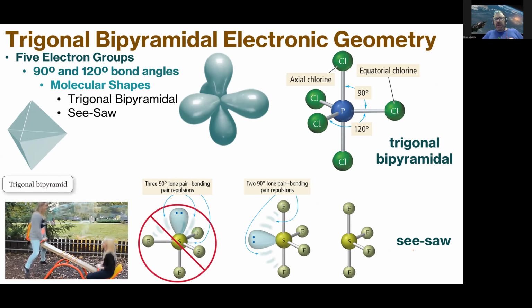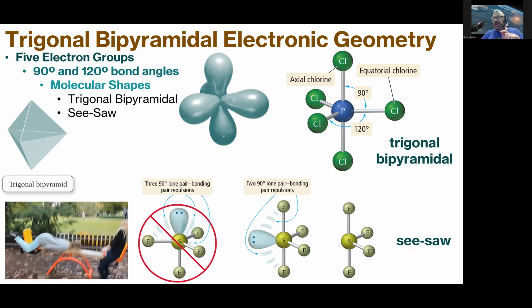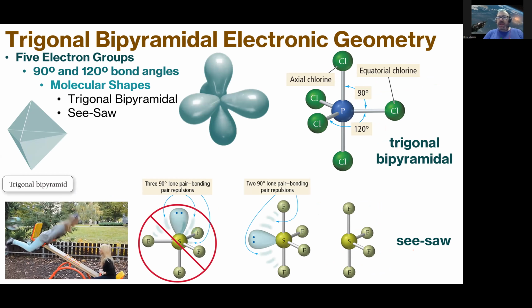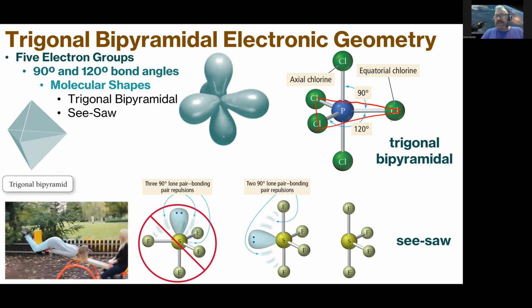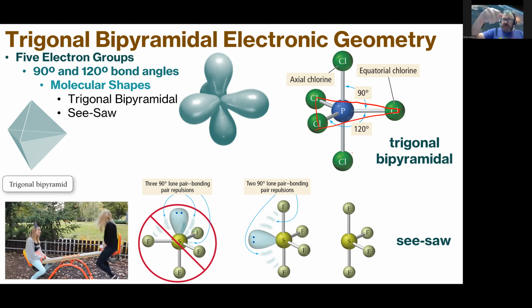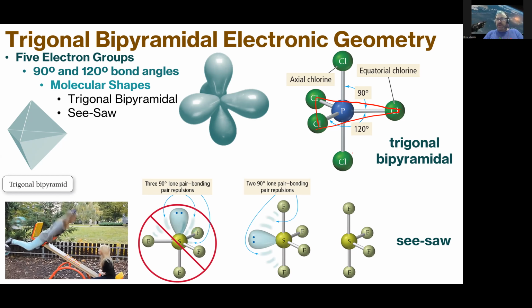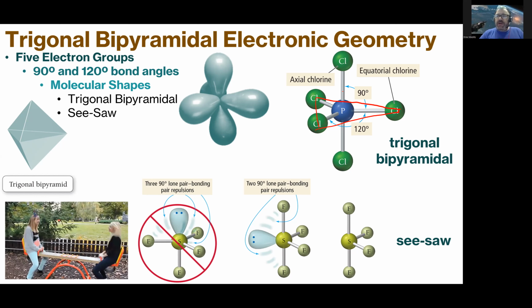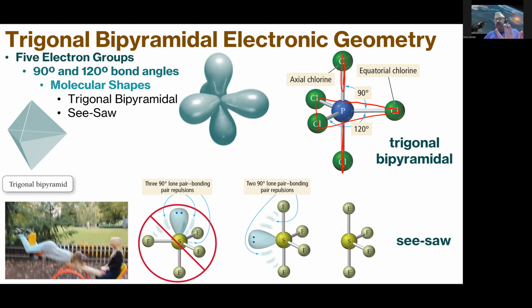It's a lot like the trigonal planar. If you look here, there's a trigonal planar setup in the center, right? There's 120-degree angles in the center to make a triangle. And then there's one on the top and one on the bottom. So that's our 5 electron groups.